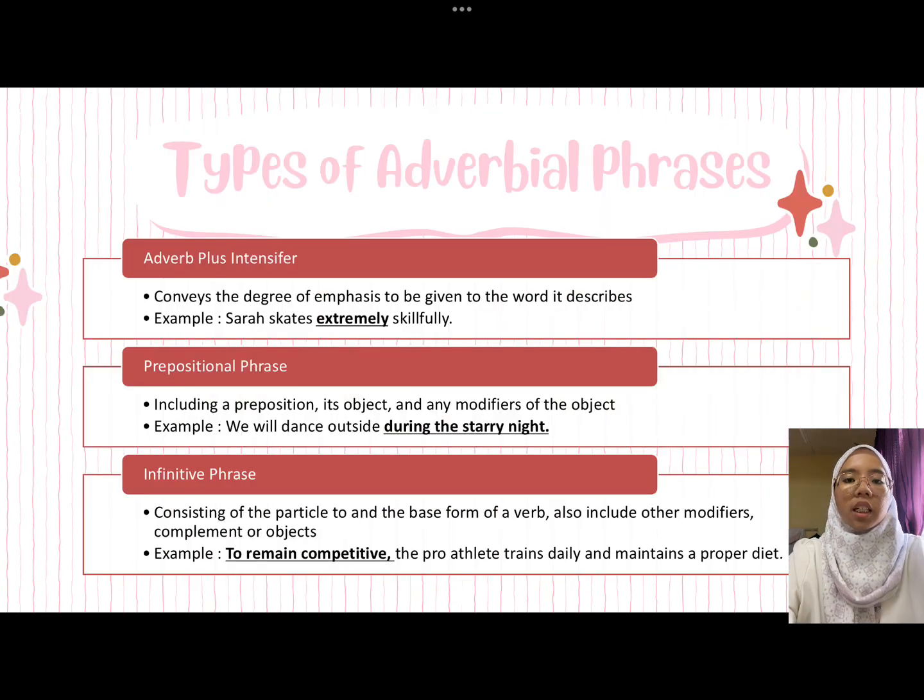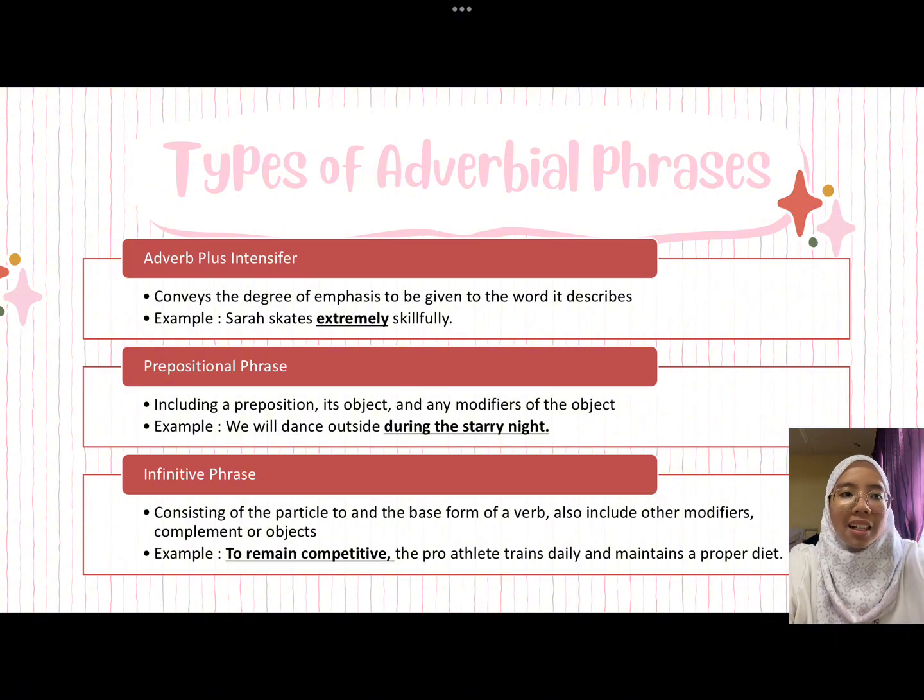Next, we'll be talking about the types of adverb phrases. There are three types of adverb phrases, which are adverb plus intensifier, prepositional phrase, and infinitive phrase. The first one, adverb plus intensifier, conveys the degree of emphasis to be given to the word it describes.